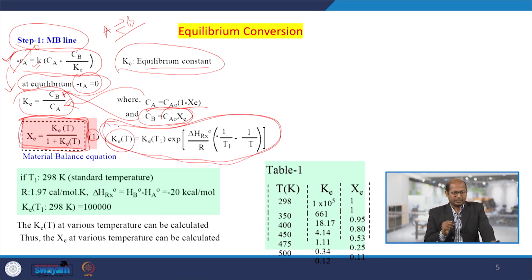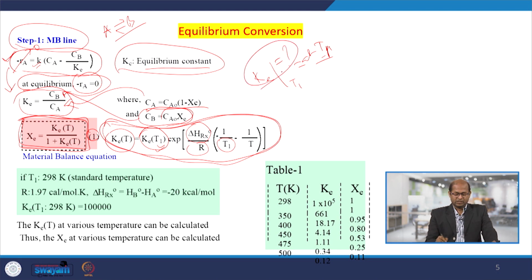If you want to know the equilibrium constant at a particular temperature, we should know the equilibrium constant at the reference temperature, and the heat of reaction, and this is the reference temperature, T1. If we know the Ke value at T1, and we want to know Ke at a particular temperature, then we should know the T value. How do we find the T value?